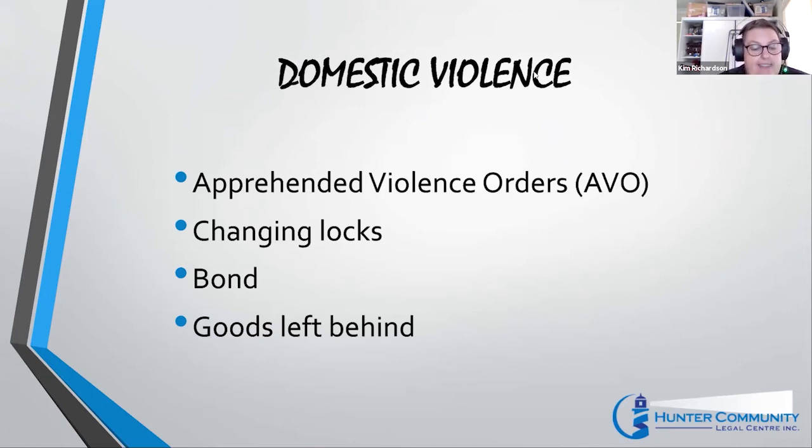Your tenancy status, so whether or not you're a head tenant, a subtenant, a co-tenant. The tenancy status of the perpetrator, whether or not you want to leave or stay, whether or not you want the perpetrator to leave, whether you have an apprehended violence order, what sort of apprehended violence order you have, whether or not it's an interim order, a provisional order, a final order, and whether or not any of those orders excludes the perpetrator.